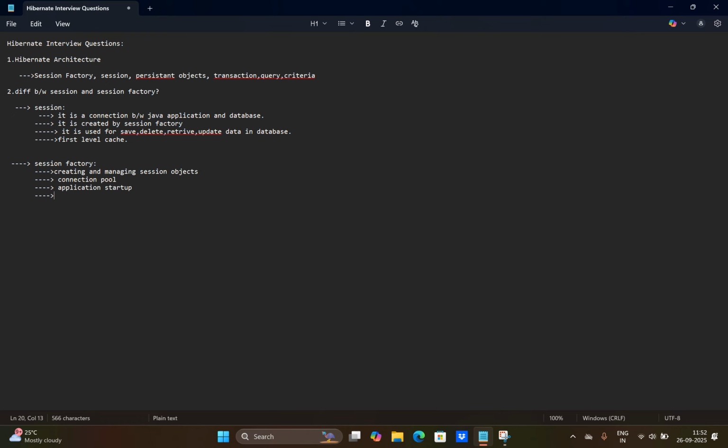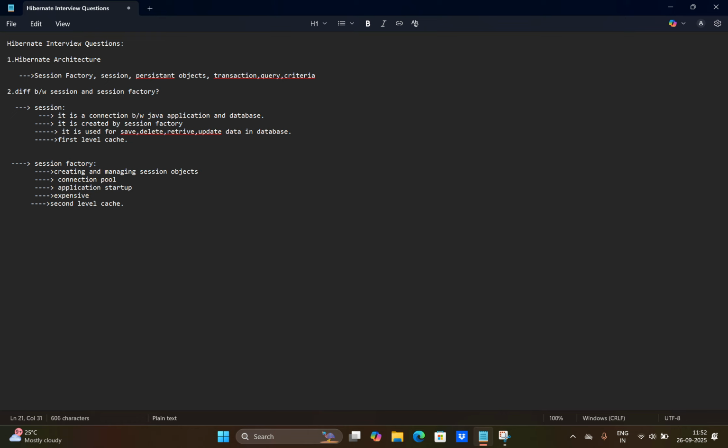Actually, it is expensive to create. So that's why for one application we use one session factory instance only. It is expensive. And finally, we can use the second level cache here.